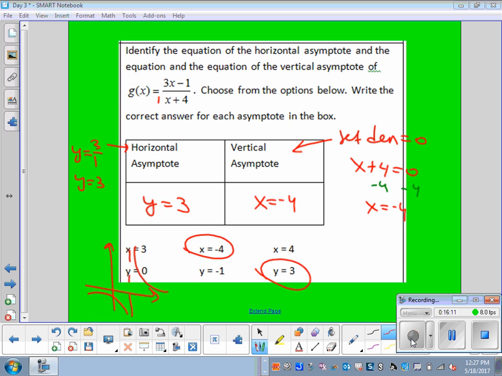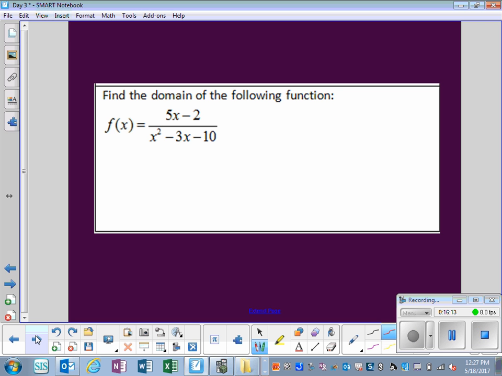Okay, we continue. So next question, let's look at the next problem. Find the domain of the following function. How do I find the domain? What do I do? I can do two things. Algebraically, I'm looking for the restrictions on domain, which is what? Denominator 0.